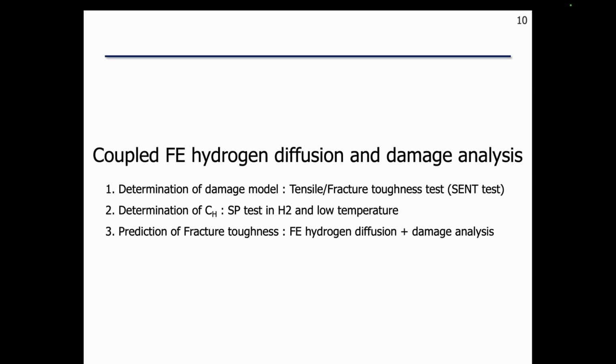The detailed procedures about determination of damage model and CH are not described in this presentation due to time constraints. And finally, to predict the fracture toughness of the hydrogen embrittled materials, the FE hydrogen diffusion and damage analysis was performed.